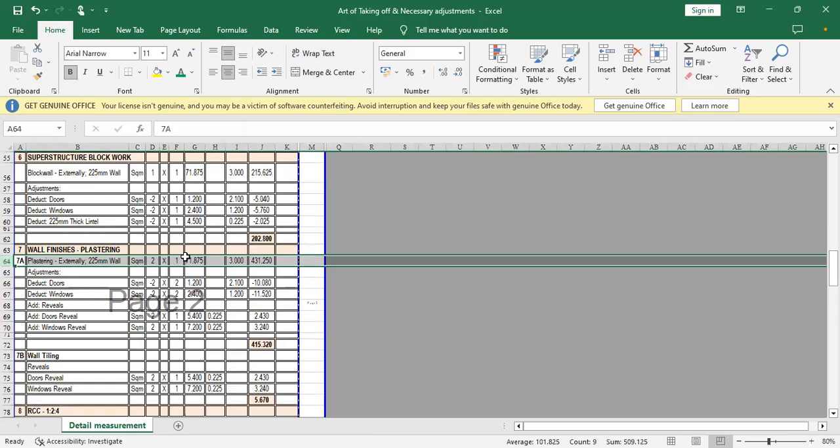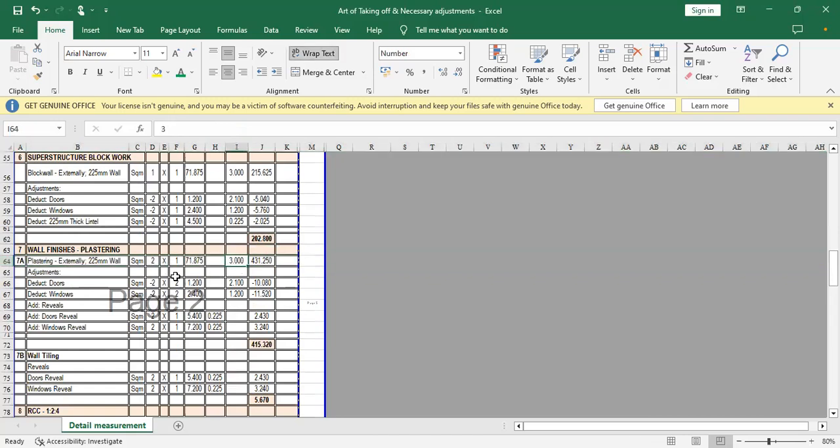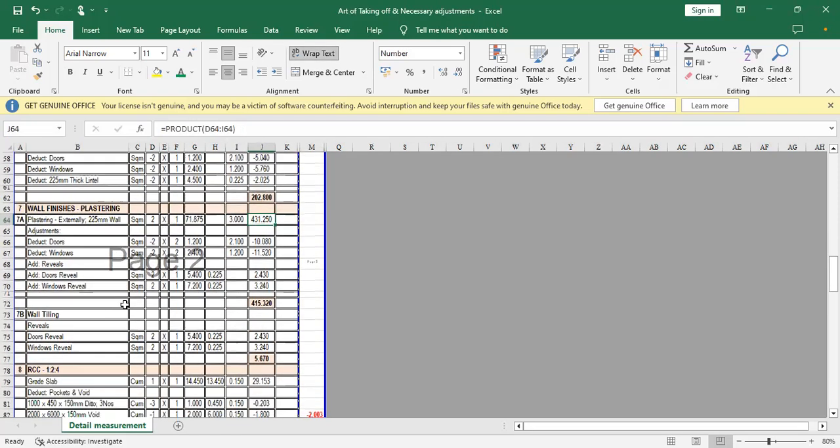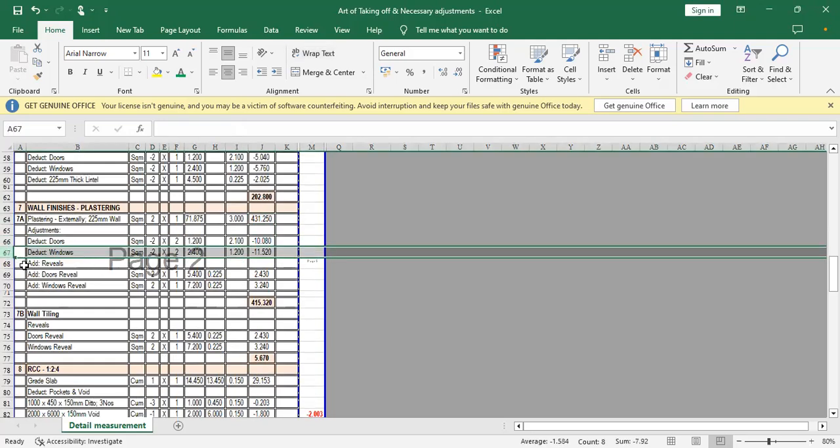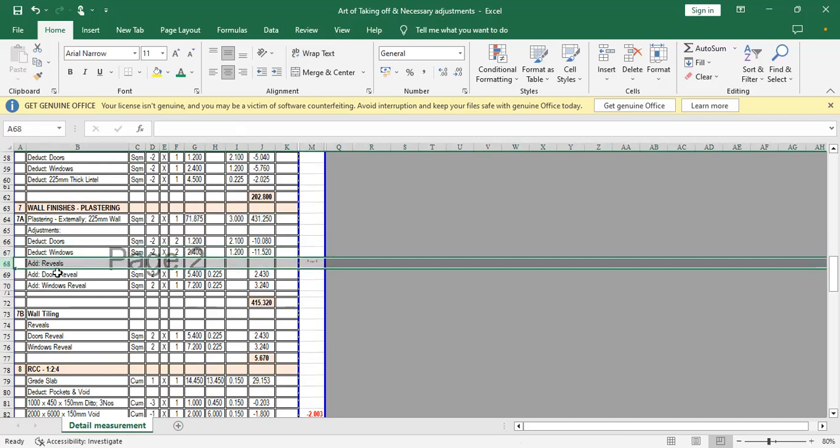We calculate our plastering quantity also. Just the same approach with how to get our block wall, with the only difference is you have two sides now to plaster, which give us 431.25 gross square meter. So we make deduction for our doors and window as well, but we are not going to make deduction for lintel, because we are still going to plaster our lintel also.